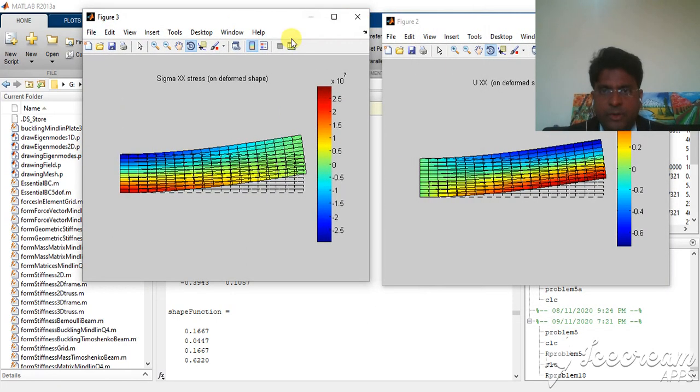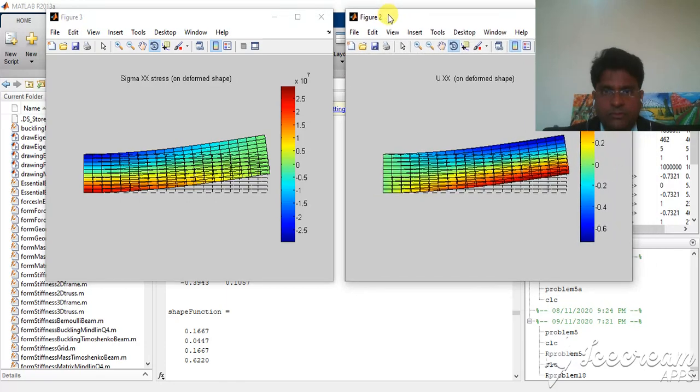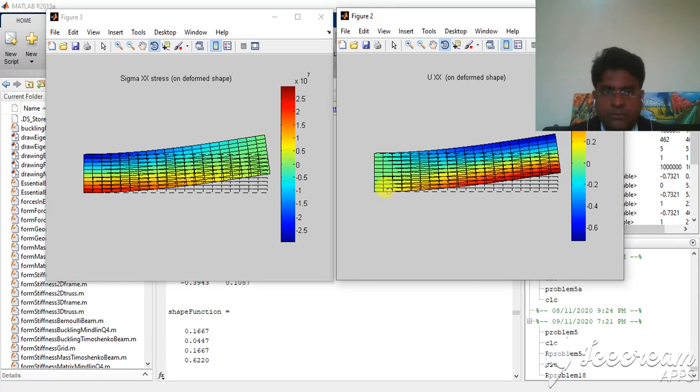If you compare these two graphs, then it would be as follows. This is for stress and this is for displacement.